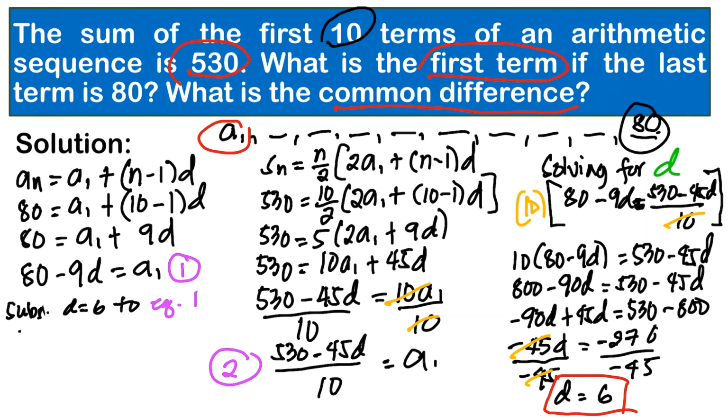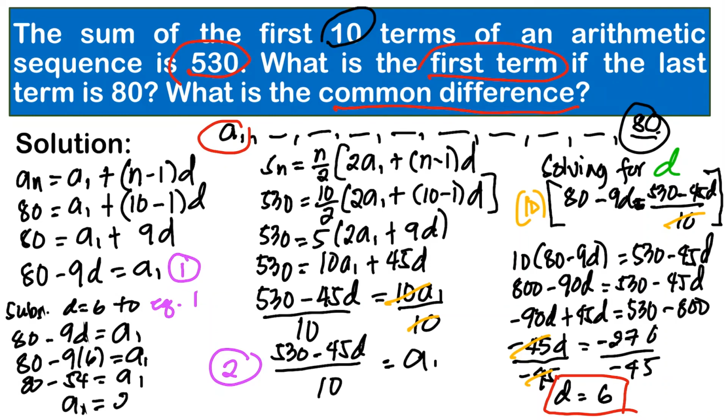This will give us 80 minus 9 times 6 equals a sub 1. 9 times 6 is 54, so 80 minus 54 equals a sub 1, and 80 minus 54 is 26. So our a sub 1 is 26. The first term of the sequence is 26, and the common difference is 6.